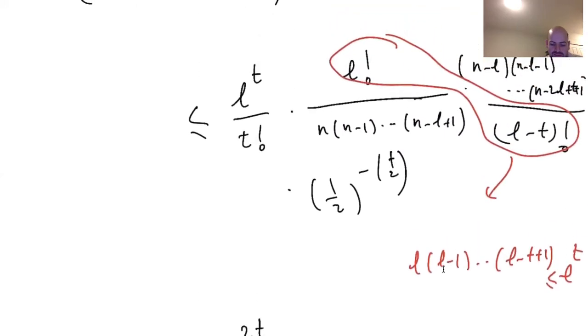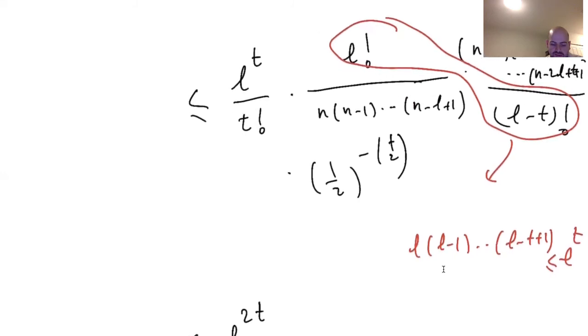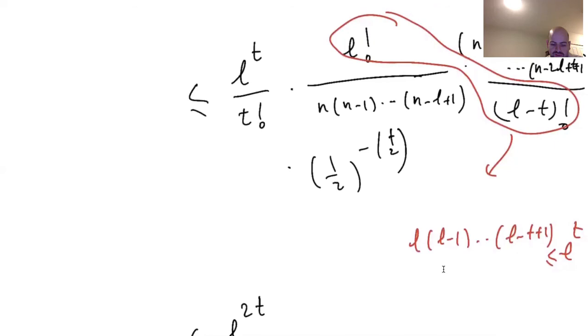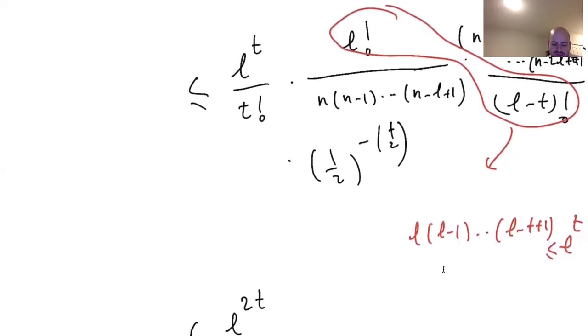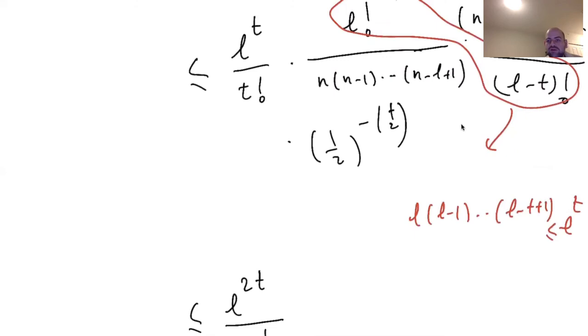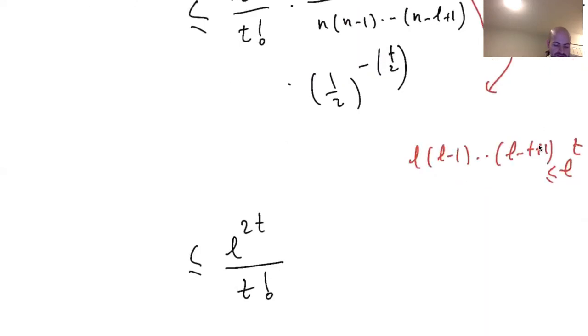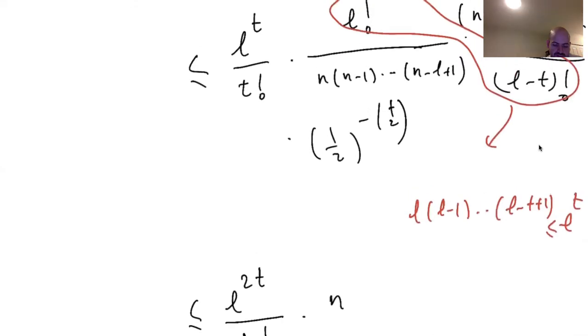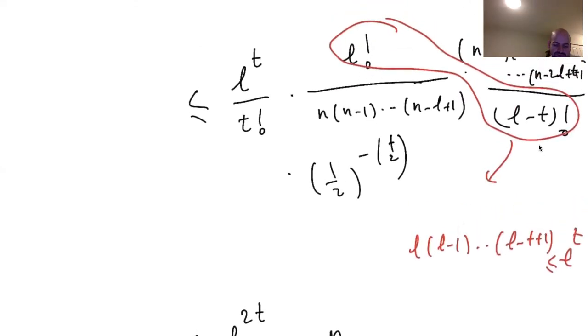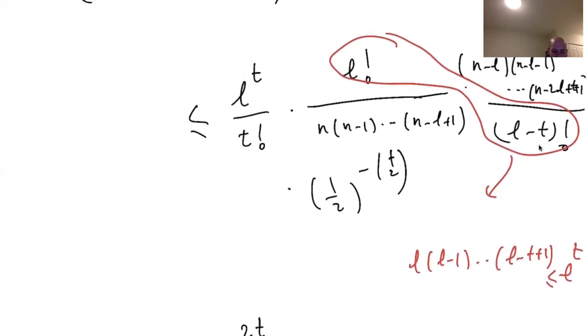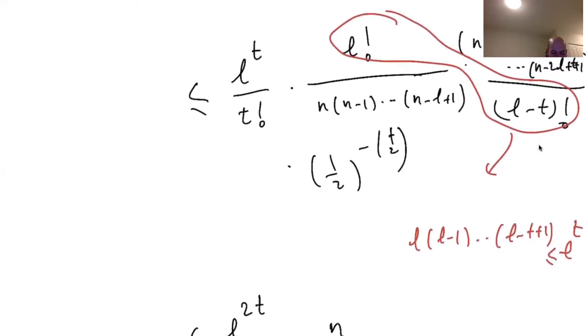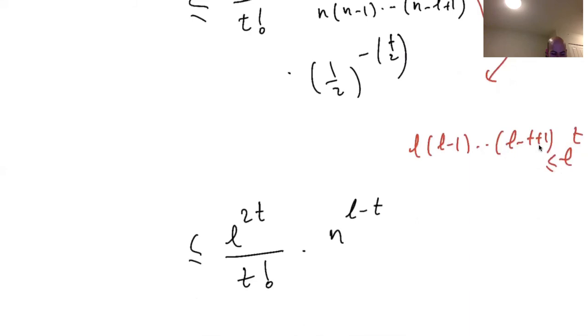And then this guy here, in this top, let me show you. This is less than or equal to n. This is also less than or equal to n. So this is going to be less than or equal to n to the power, how many n's do I have here? It's going to be L minus t terms.